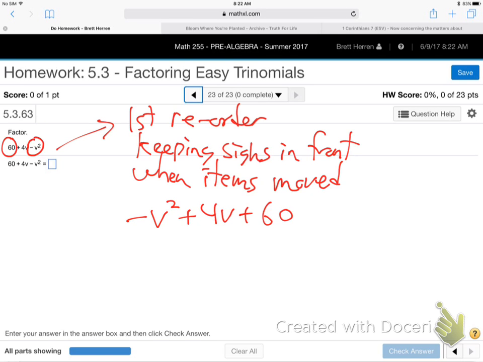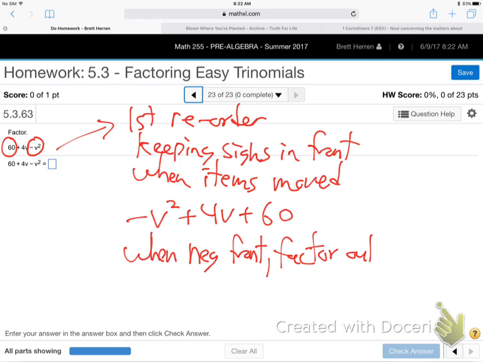Now we're to here. Now what? Now that minus in the front is kind of a pain. We haven't had that before. When negative is in the front, factor out minus 1, with 1 big parenthesis.